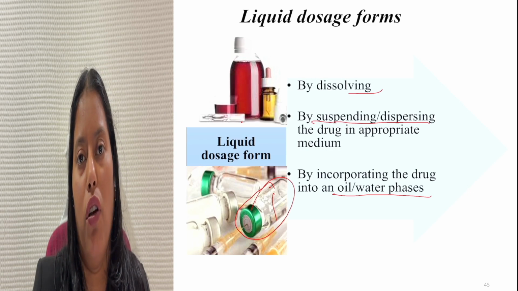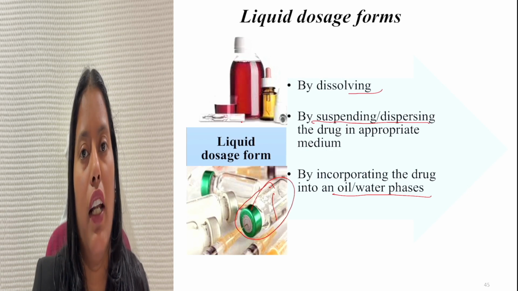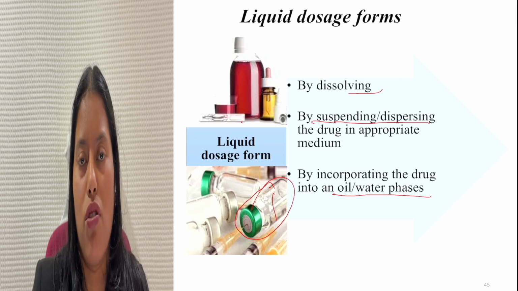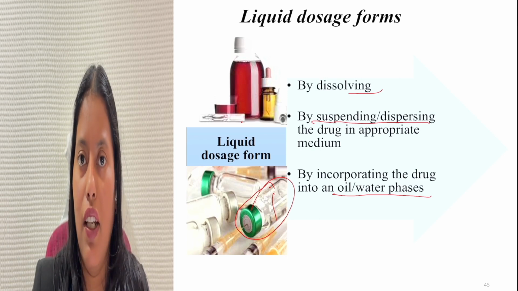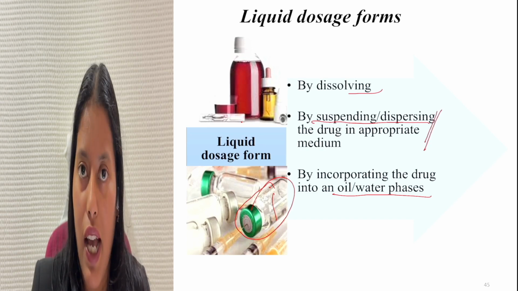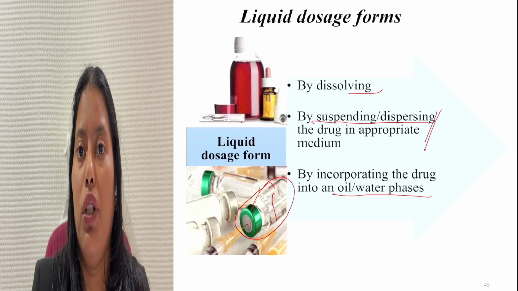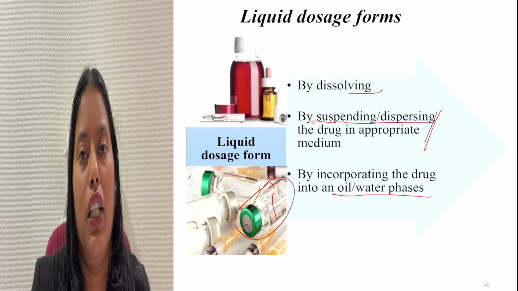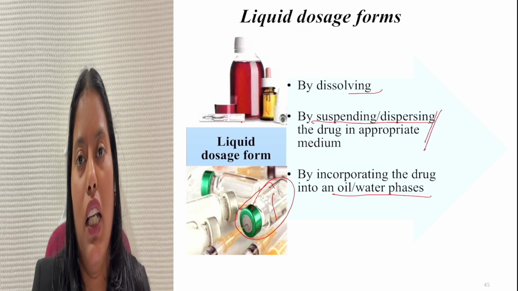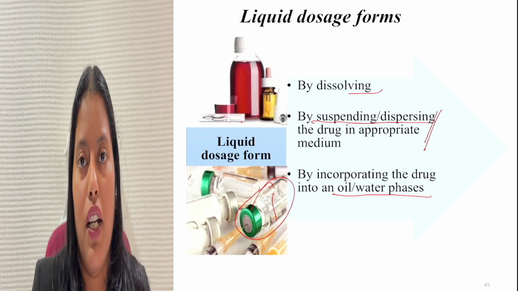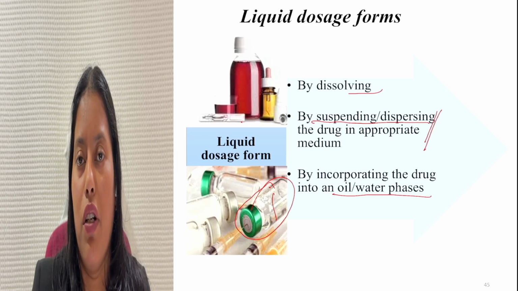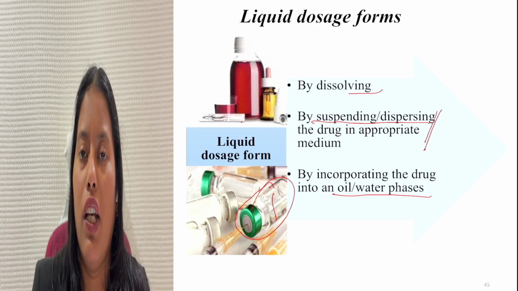Based upon solubility of the drug and other excipients, you can dissolve it in a suitable solvent or vehicle and give it as a solution form. If your drug has good solubility but does not undergo compression, then you can prepare it as a suspension, where the drug is suspended or dispersed in a suitable vehicle or liquid.